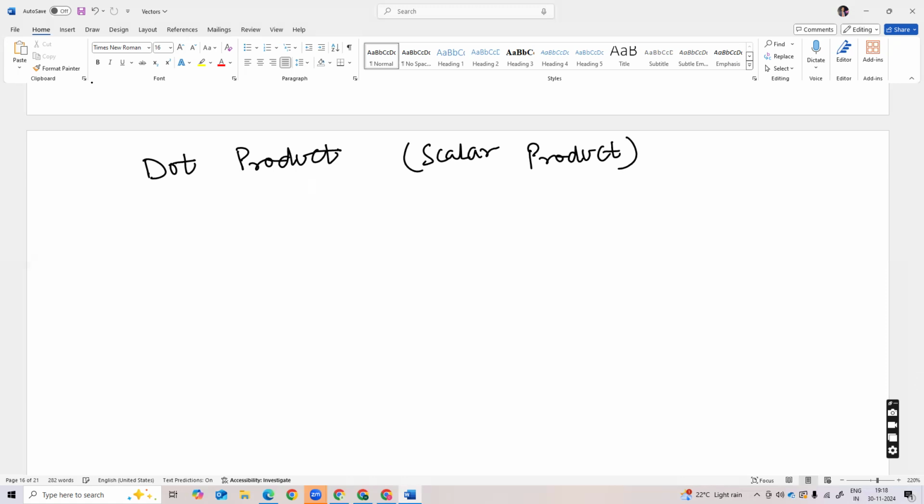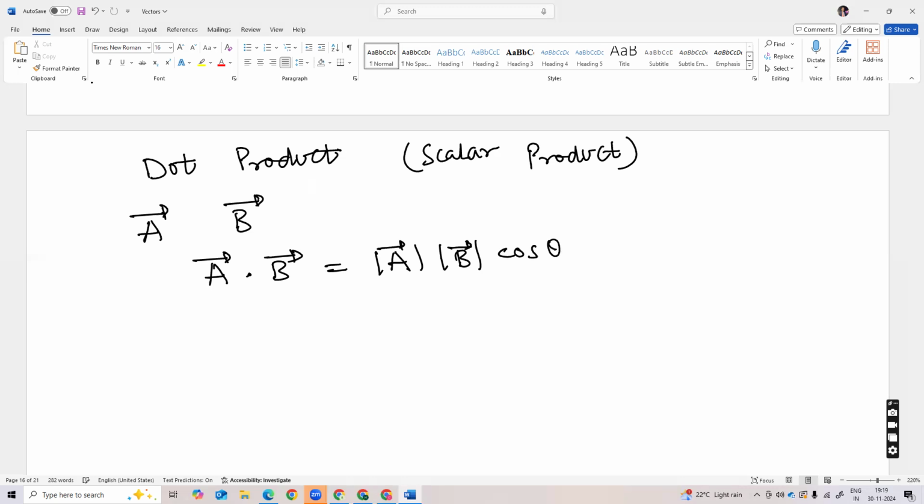If you have two vectors, A and B, then their dot product is represented as A dot B, and its value is equal to mod A, the magnitude of A, into the magnitude of B into cos theta. This is how we calculate the dot product.